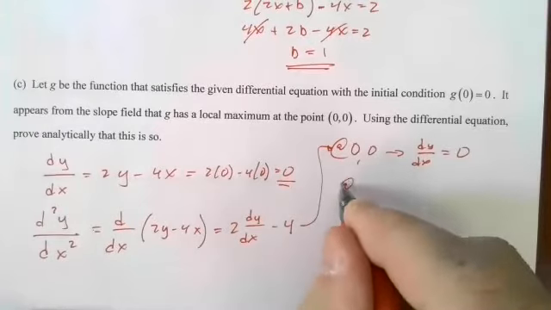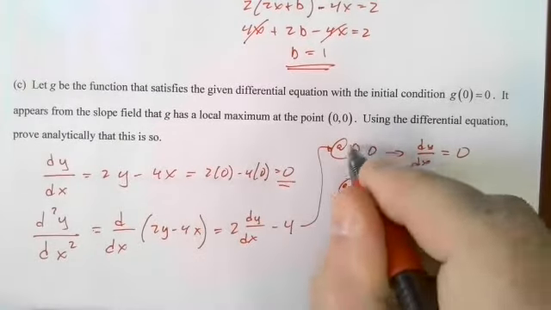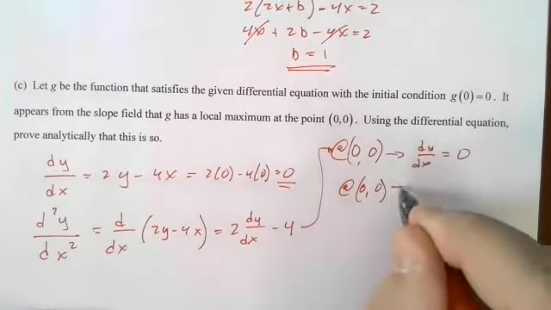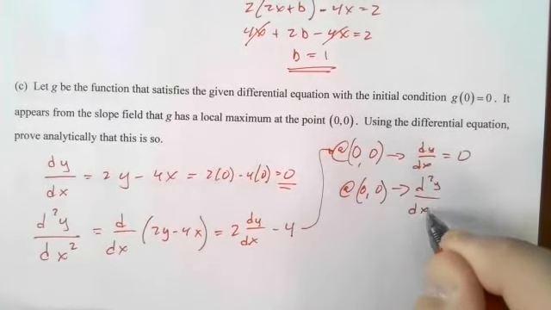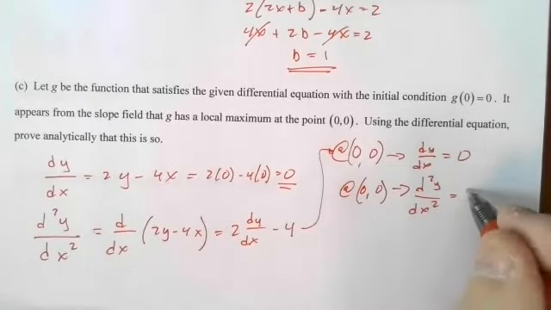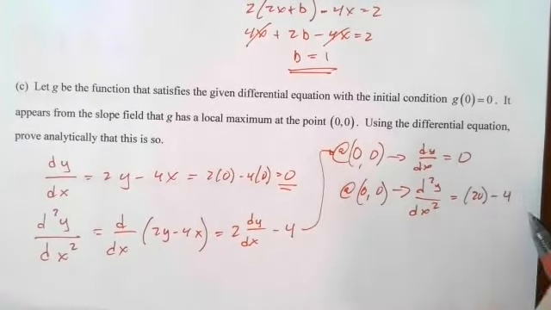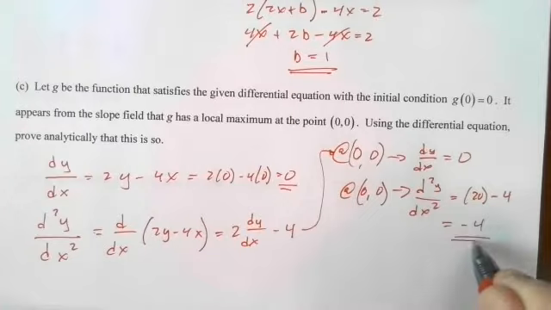So at (0, 0), the second derivative equals 2 times 0 minus 4, which is -4.